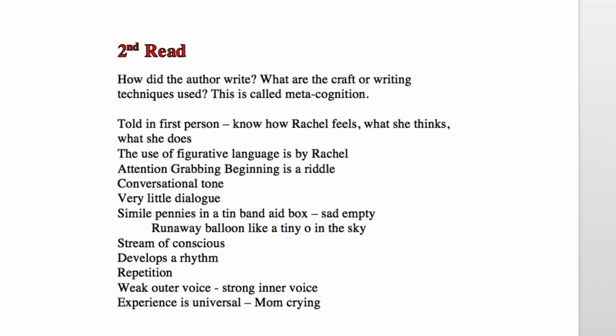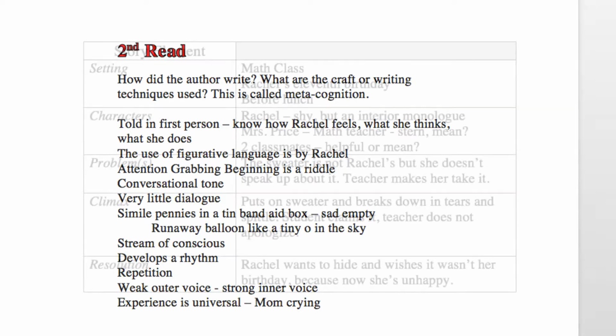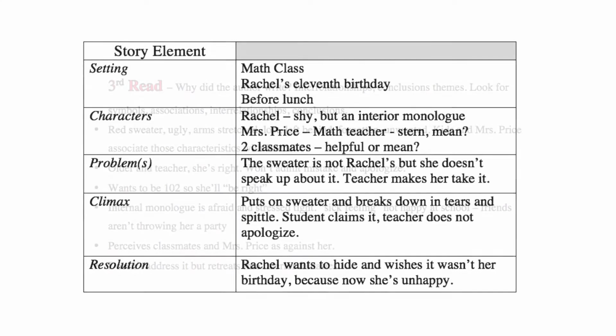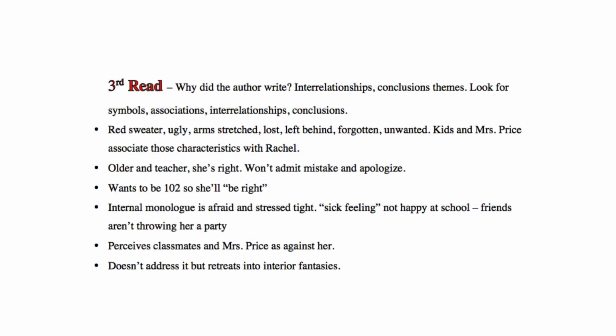This is called metacognition. What are the craft or literary elements? What are the writing techniques used? The prompt has designated figurative language as the primary focus, but recognize other craft elements. Third read. Look for symbols, associations, interrelationships. Make conclusions.